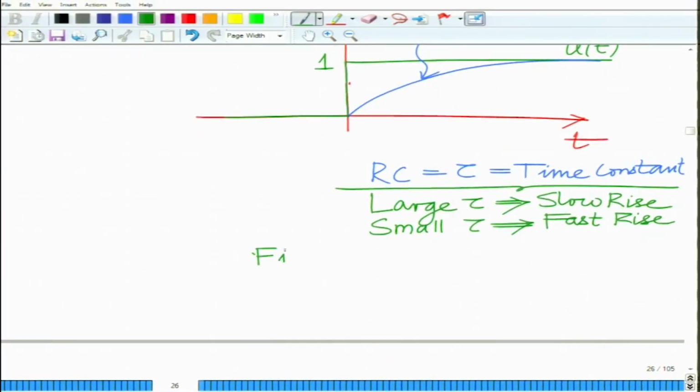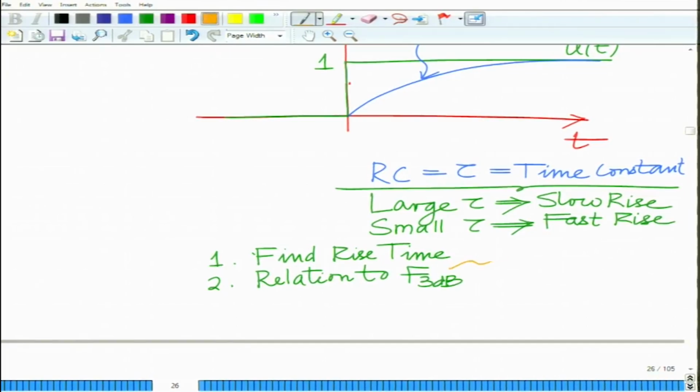So, we need to do two things: find the rise time, and find its relation to the 3 dB frequency of the circuit. Okay. All right.